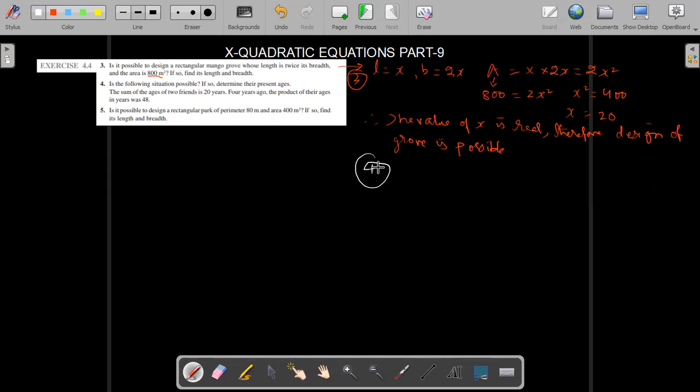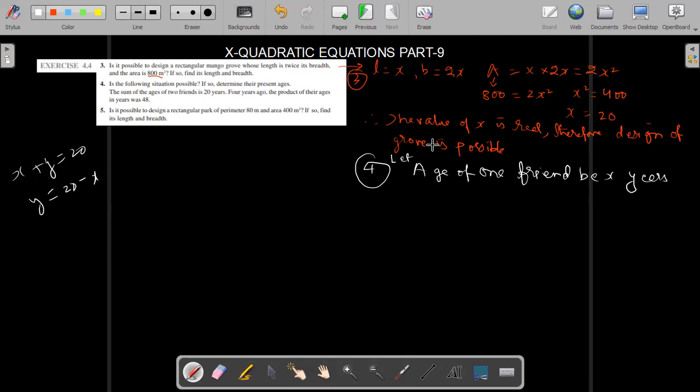So sum of the ages means, let the age of one friend be x, and the other y. Then their sum x plus y is equal to 20, so y will be equal to 20 minus x.